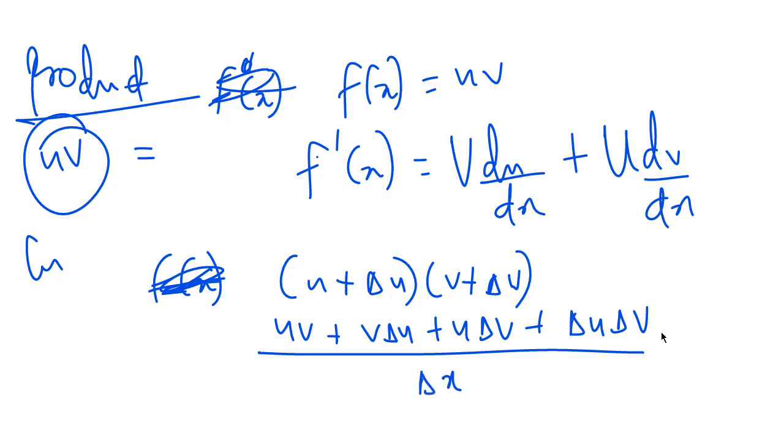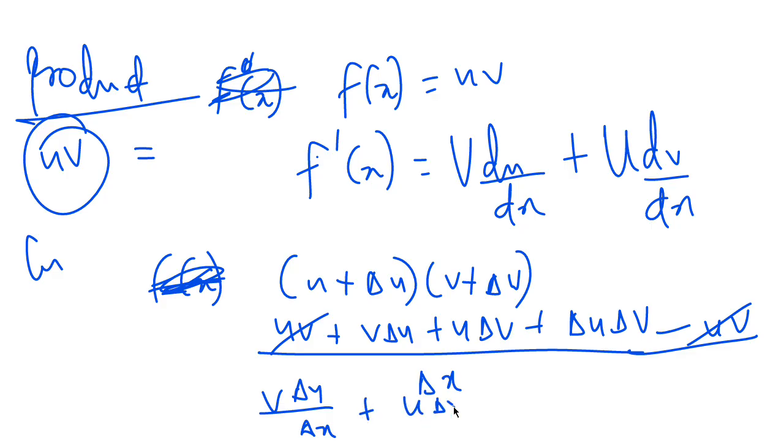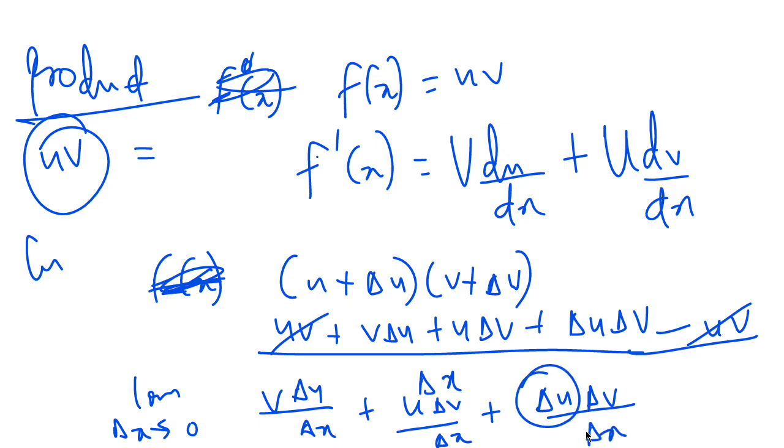And then remember, we're going to subtract from the original function, which is uv, so this cancels, right? And then you're left with v change in u over change in x plus u change in v over change in x plus, remember this is the limit as x is approaching 0, change in u change in v over change in x, and this is going to cause a problem.